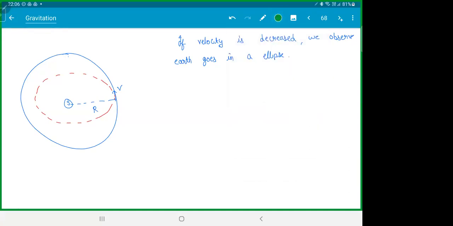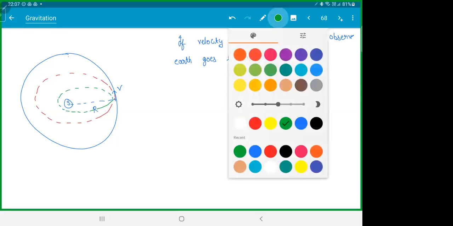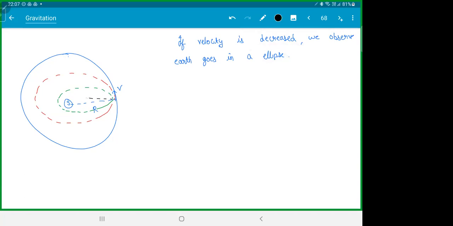If you decrease still further, then what will happen? You'll start getting closer and closer to the sun. You'll still go around the sun, but in an elliptical orbit, isn't it? As the speed is decreasing. Do you remember, if the velocity is less than orbital velocity, you go in an ellipse? If you decrease the speed even a little more, you'll still go in an ellipse.